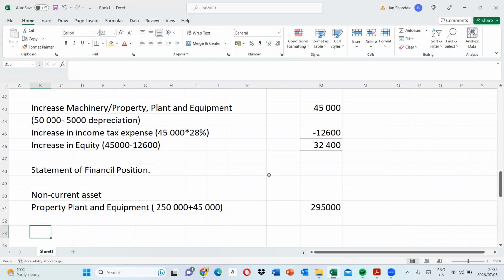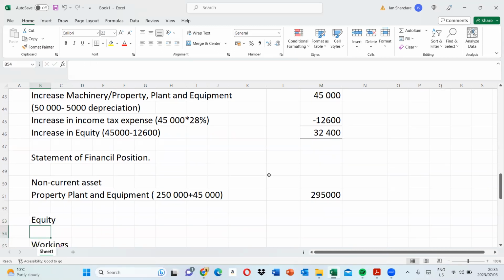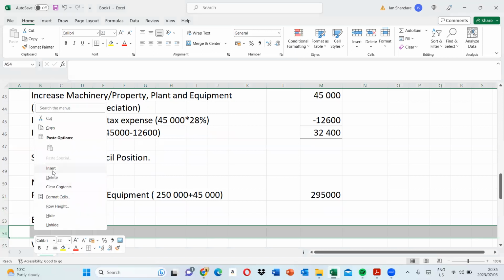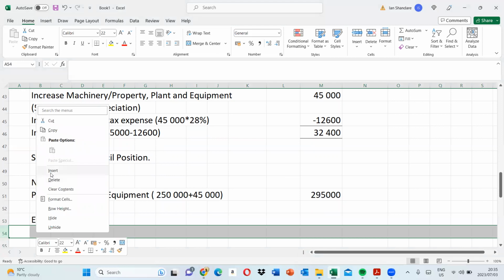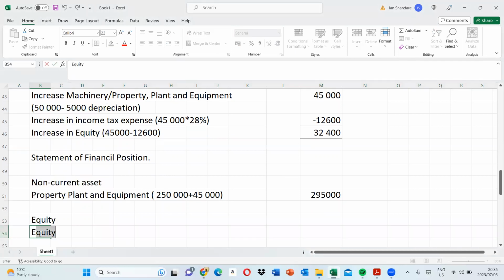Then you also come to your equity. Maybe they could have given you a retained earnings balance. So in this regard, maybe they gave you retained earnings, which is 50,000.